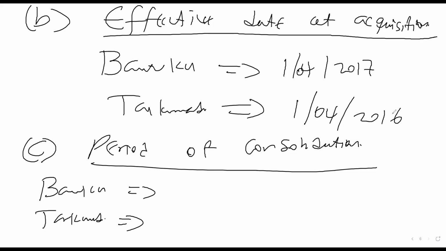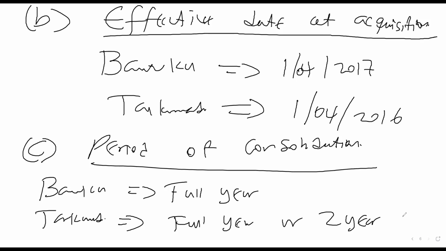How many months? So Boko is 1 year. Full year consolidation. Tadi, full year or 2 years consolidation.